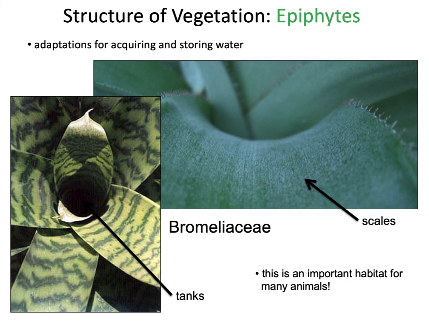They only get water when rain falls down the side of a tree. They don't have roots in the soil, so they can't get it from there. And so by storing your water in a tank, it allows you to slowly absorb that water through special scales found on the surface of the leaf. Also, these bromeliads are very important habitat for many animals. Many animals, such as tree frogs, will raise their tadpoles in these tanks.